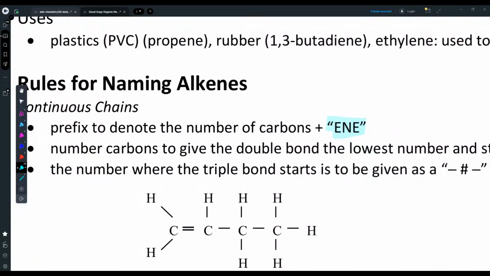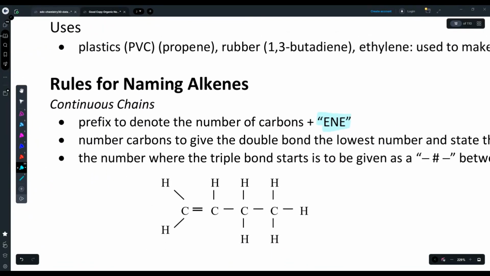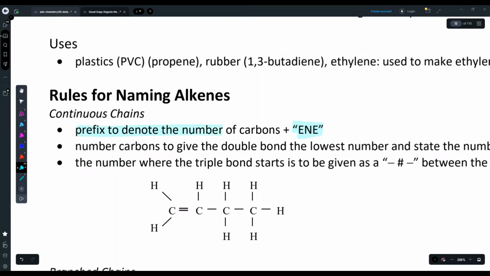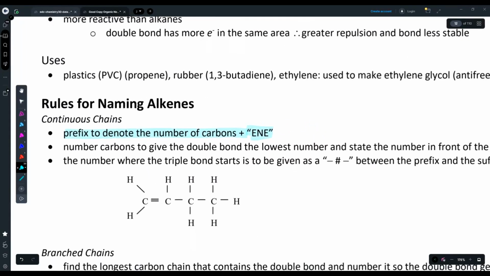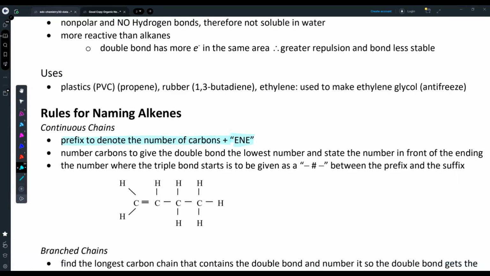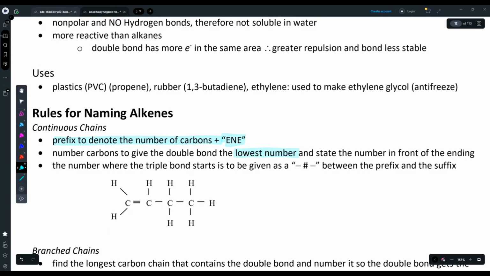Before we called it a stem name, but prefix could also be used. It's a little bit interchangeable there. So that's important. Now, for the number of the carbon that gives the double bond, you're always going to want to use the lowest number, and state that number that the double bond is on before that ene part.